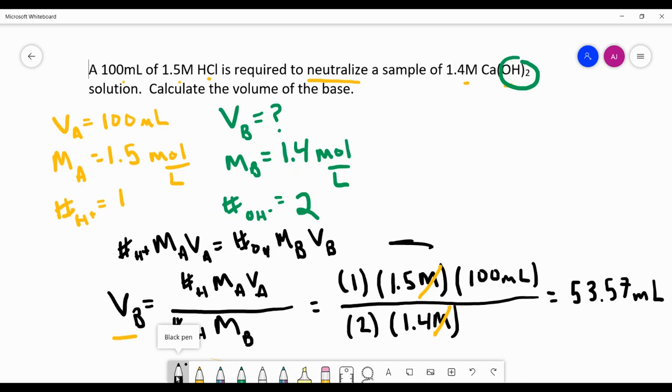The 1 to 2, there's a mole ratio. The concentration times volume there, that's finding moles. Dividing by concentration, that's finding volume again. So the 3 or 4 operations that you usually do in stoichiometry, all summarized in a nice tidy equation.